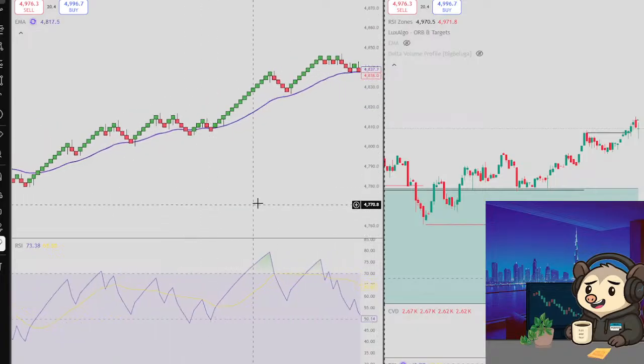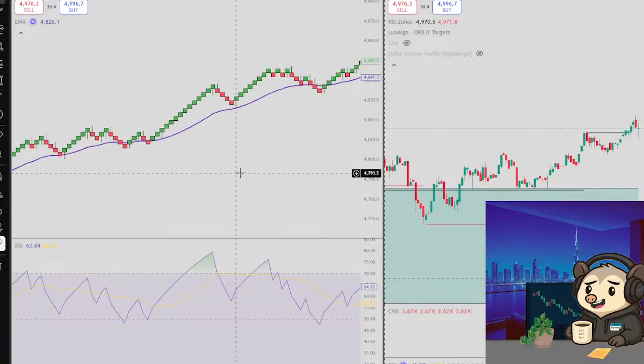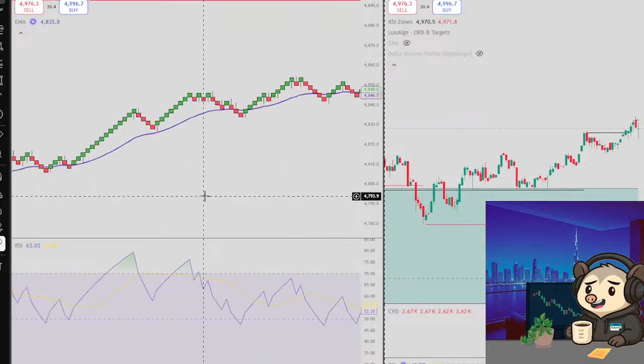Then yeesh, there was really no entry there, but I still have to count it. 3, bad, good. Then we get choppy, bad, bad. What is that? 3 bad, 1 good.